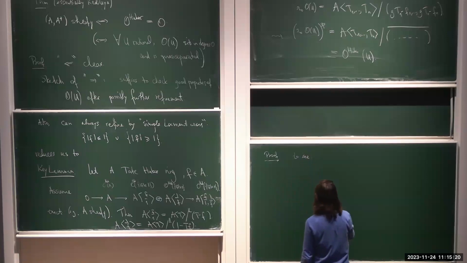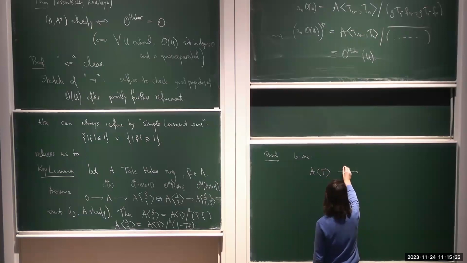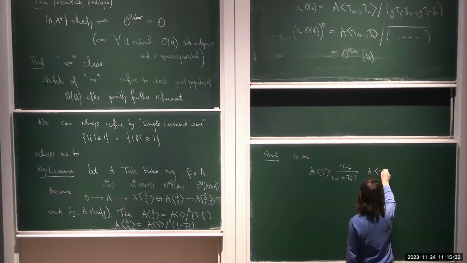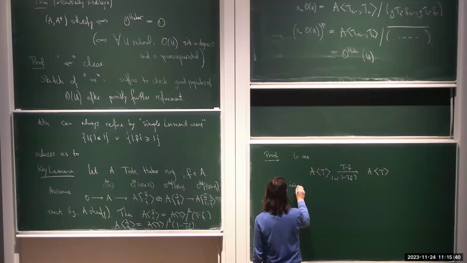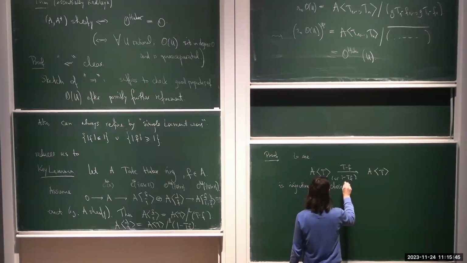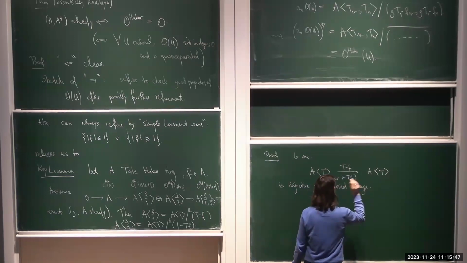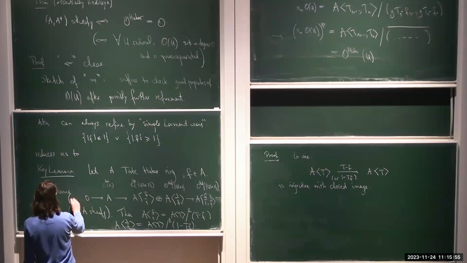What I just said: that if you look at A joint T, and then multiply by T minus f, or also by 1 minus T times f, and go to A joint T, that this is injective with closed image.